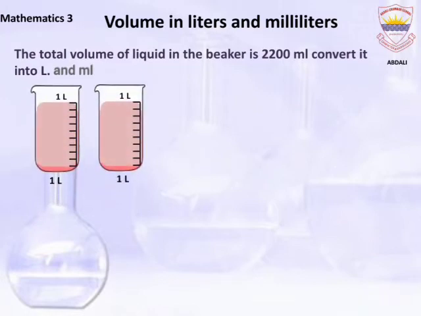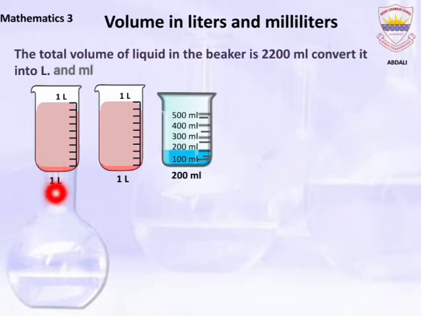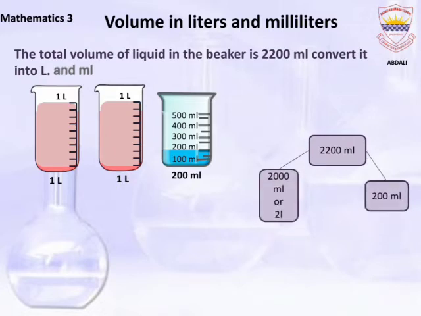Here 2 beakers of 2 liters are given, and the third beaker is of 500 milliliters. The liquid is filled up to 200 milliliters. Now students, convert it into liters.